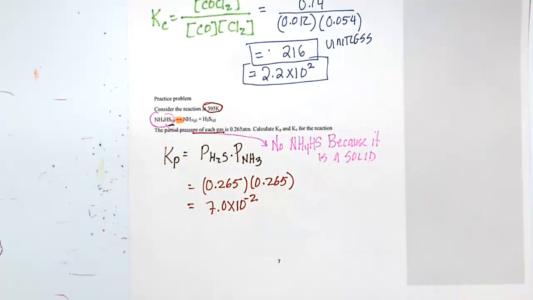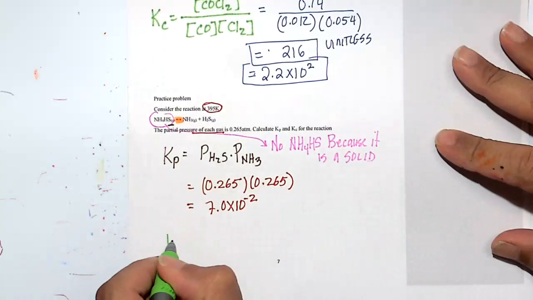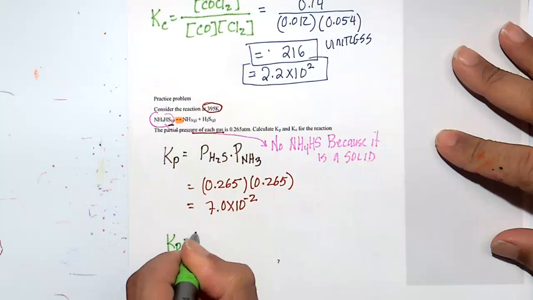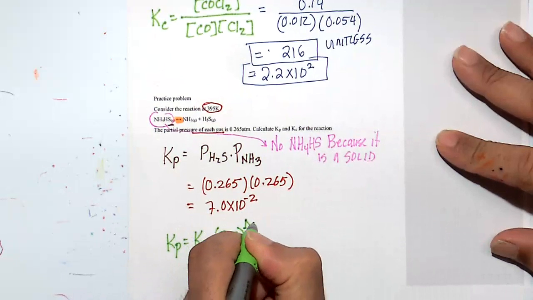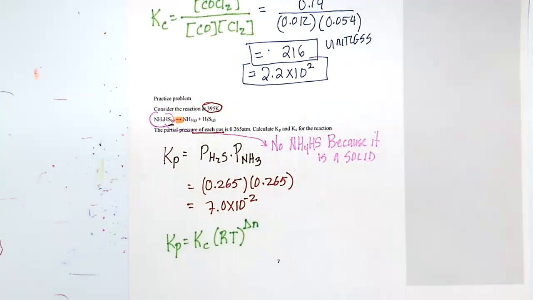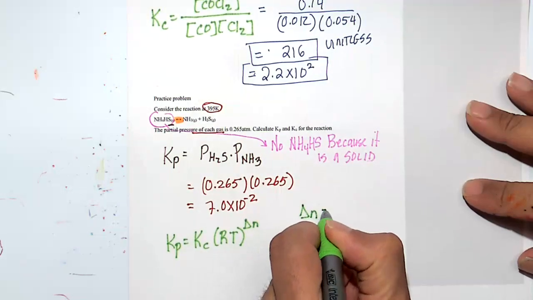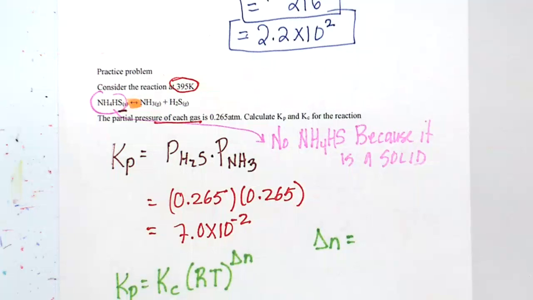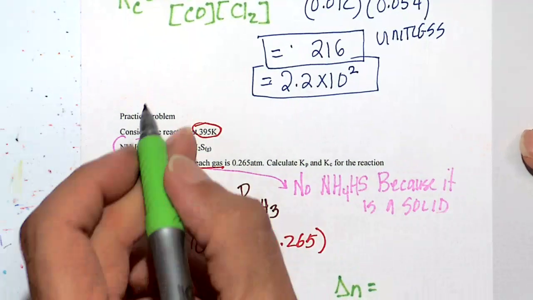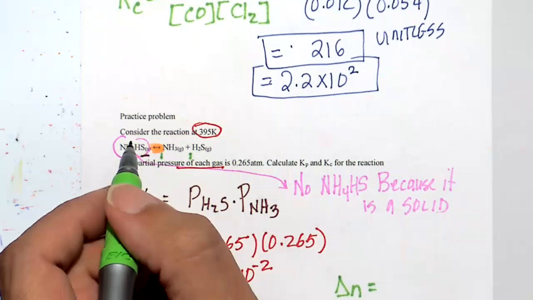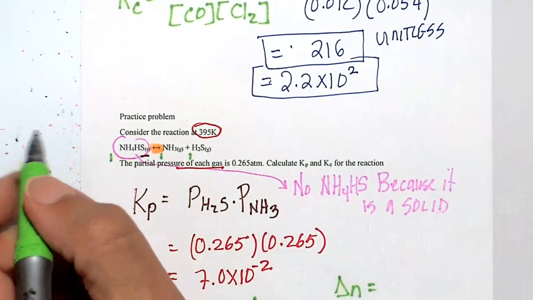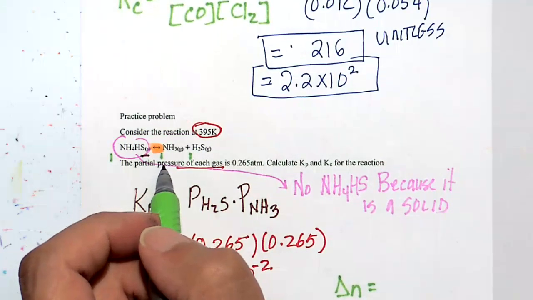Let's do Kc now. Here is our equation, and I'll give this equation on the exam. Kp is equal to Kc times RT, where RT is raised to the power of delta n, the change in the number of moles. What is our change in the number of moles? Products: 1 mole of gas plus 1 mole of gas is 2. We have 1 solid going to 2 moles of gas.